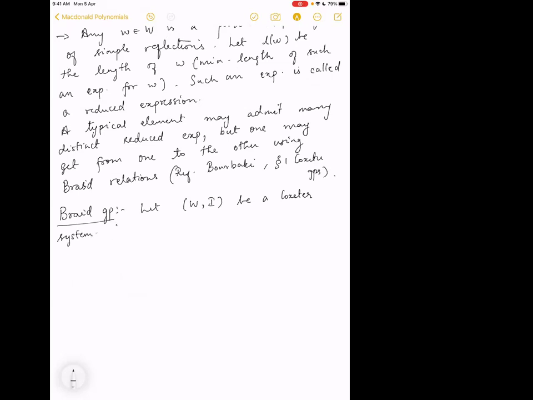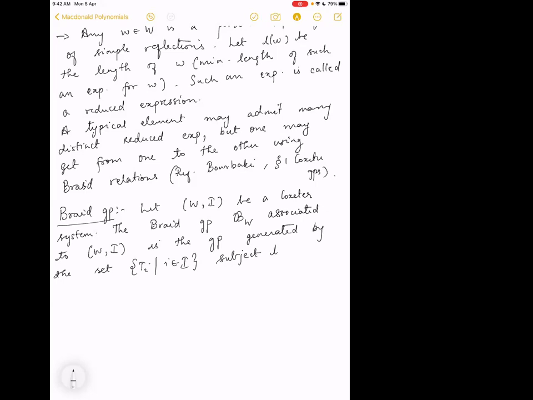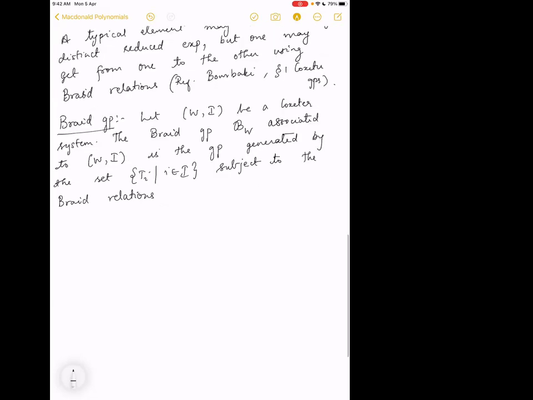The braid group B_W associated to W is the group generated by the set T_i, i in I, subject to the braid relations alone: T_i T_j T_i and so on equals T_j T_i T_j and so on, where you have m_ij factors on each side, for i not equal to j in I.